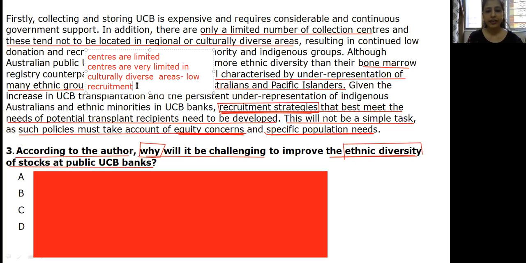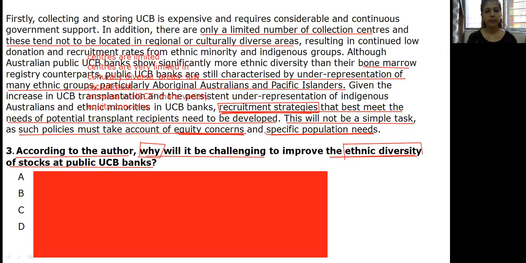And even if we develop more centers, because now there is going to be an increase in HSCT. Okay? So with that, we need more variety, and we will have to also pay attention to equity concerns. Now we have to look for the answer choice that summarizes all of this.